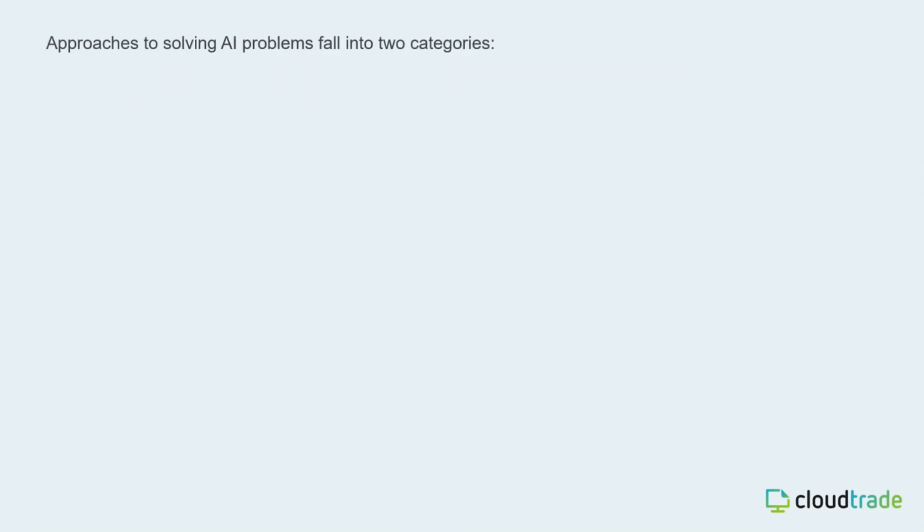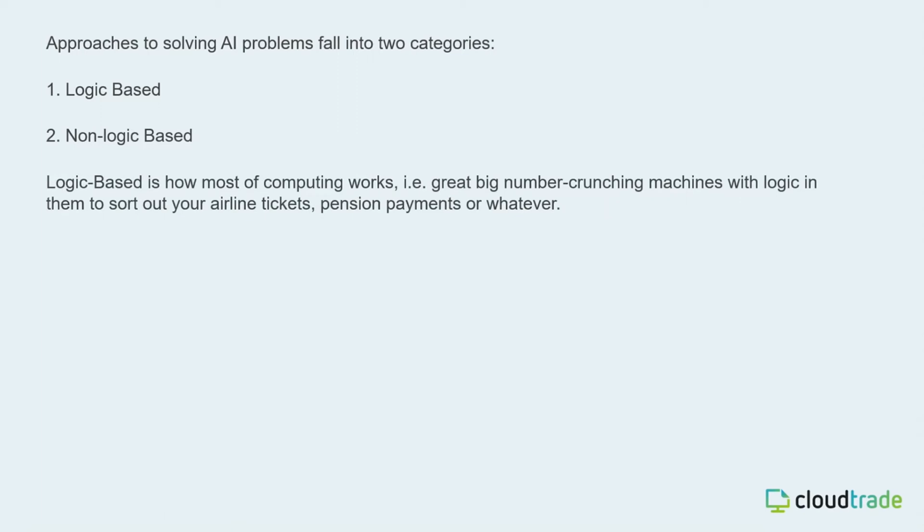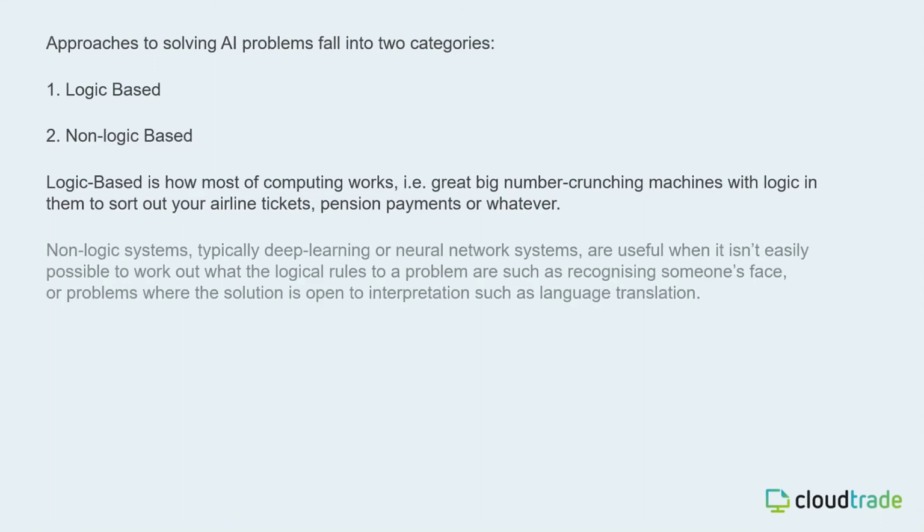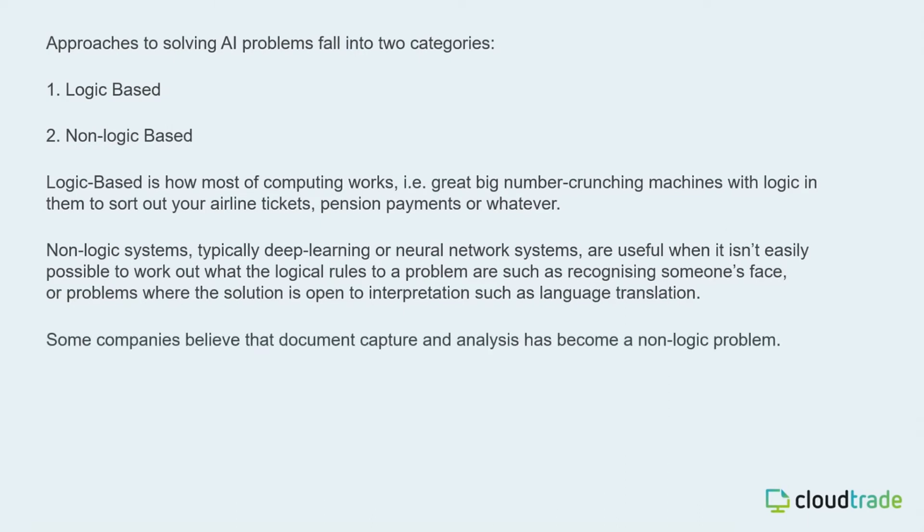Approaches to solving AI problems fall into two categories: logic-based or non-logic-based. Logic-based is how most of computing works, i.e. great big number crunching machines with logic in them to sort out your airline tickets, pension payments, or whatever. Non-logic systems, typically deep learning or neural networks, are useful when it isn't easily possible to work out what the logical rules to a problem are, such as recognizing someone's face, or problems where the solution is open to interpretation.